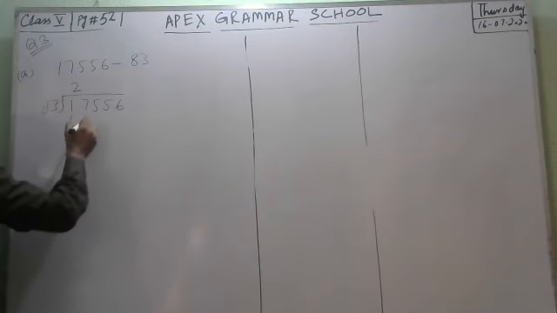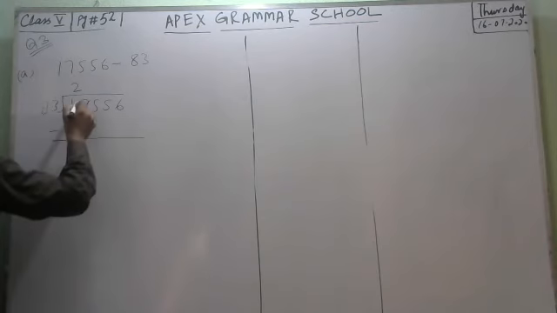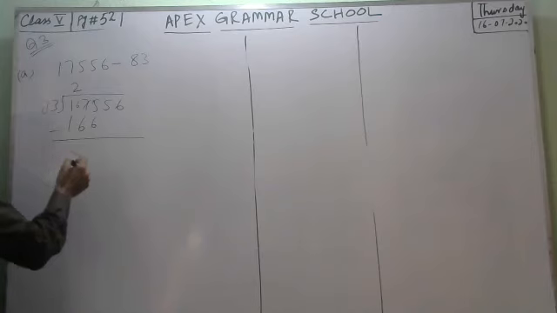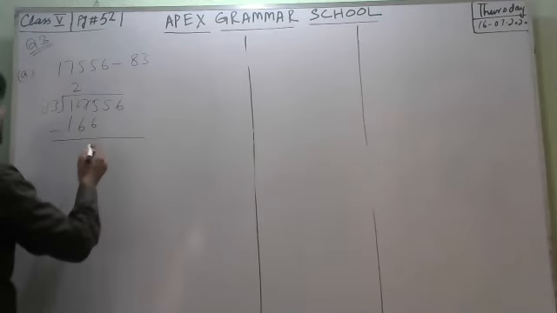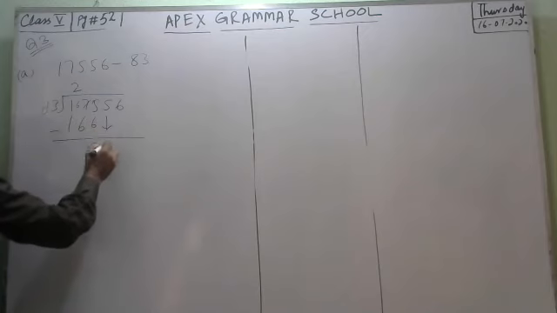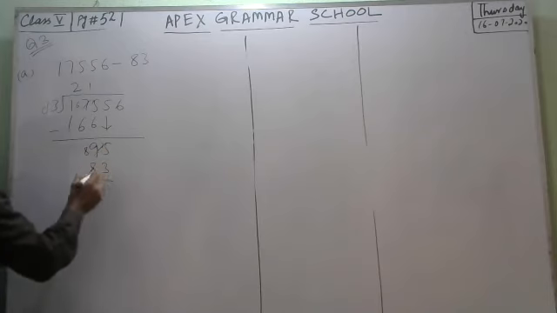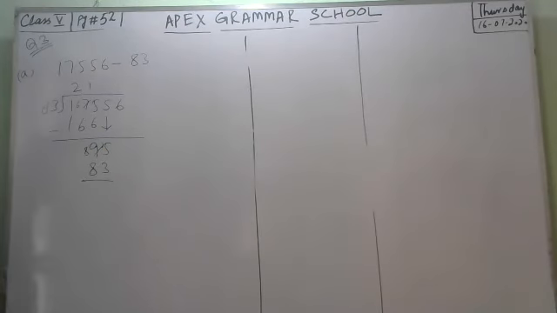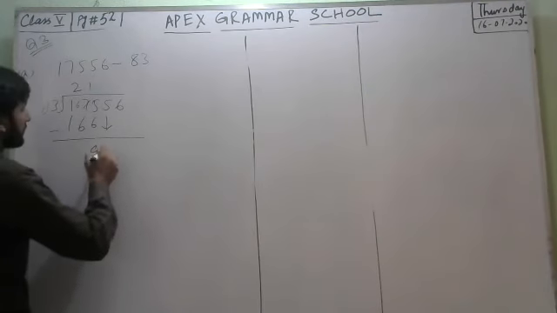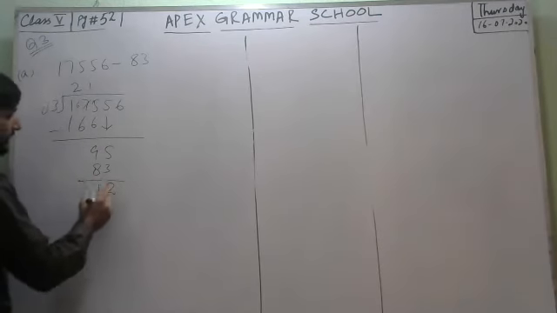83 twos are 166, minus. 56 minus 6 is 50, 15 minus 6 is 9. 5 will come down. 83 ones are 83. 5 minus 3 is 2 and 9 minus 8 is 1.